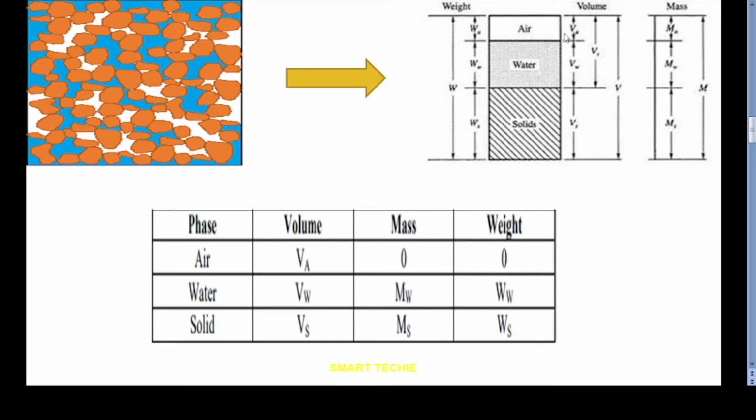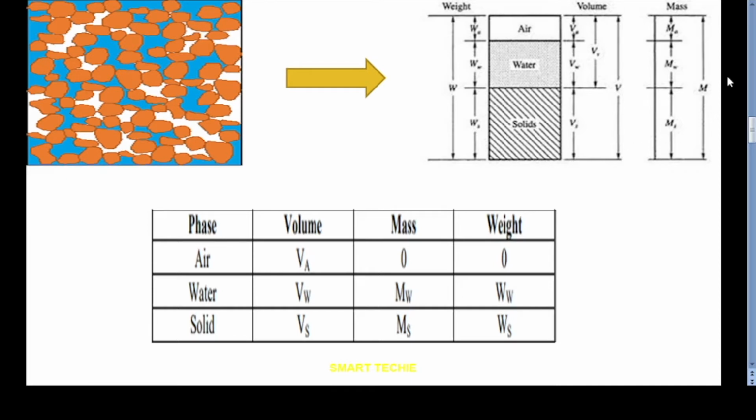Now as we know that the voids or the gaps are either filled with air or they are filled with water. So Vv is nothing but volume of the voids, which is volume of the air plus volume of the water. And the total volume capital V is nothing but volume of the air plus volume of the water plus volume of the solids.